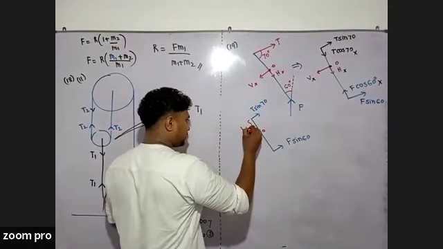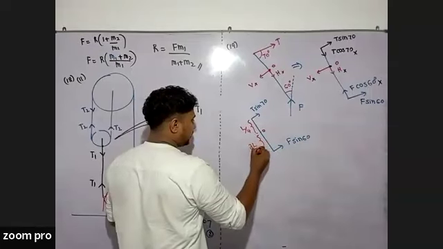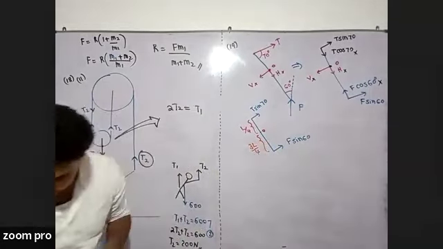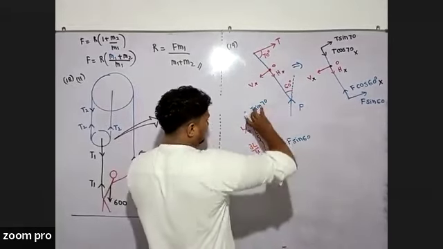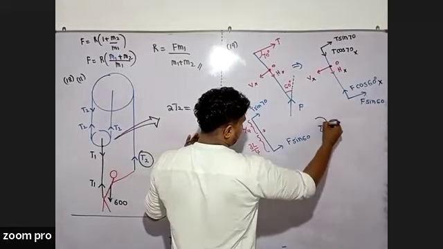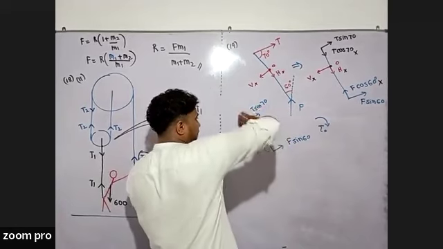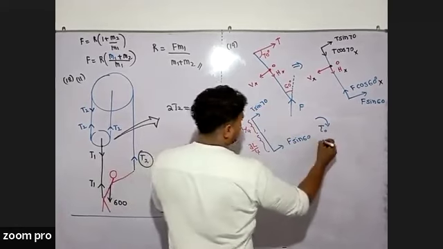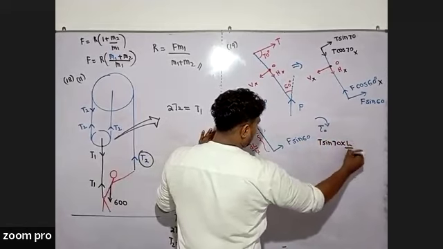This distance is given as L over 4. This one is 3L over 4, right? Okay, if I consider the moment around this point, then this one should be positive, that is T sine 70 into L over 4.